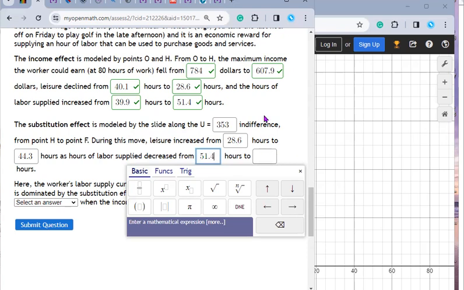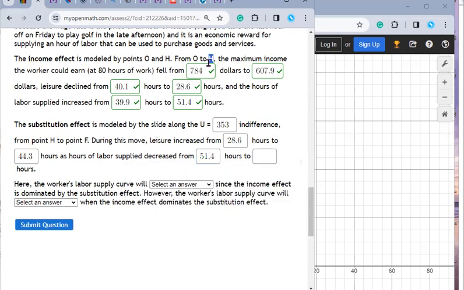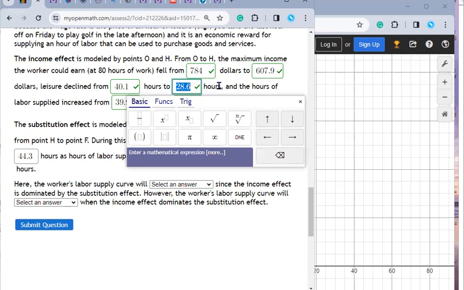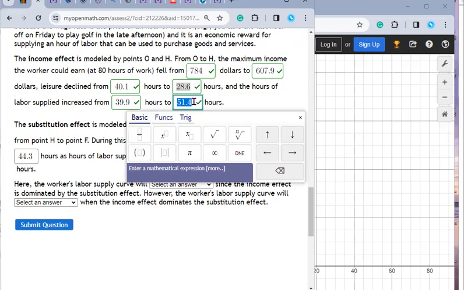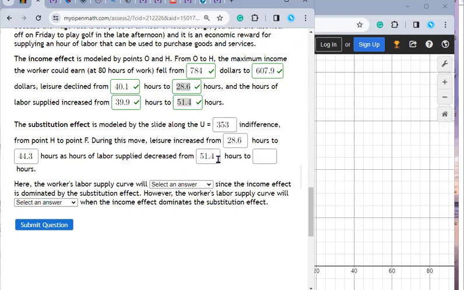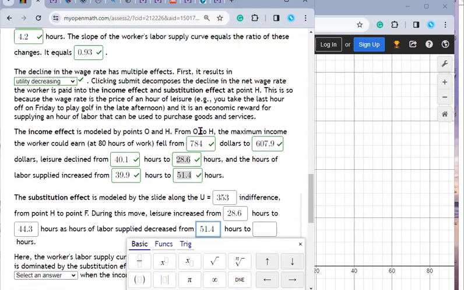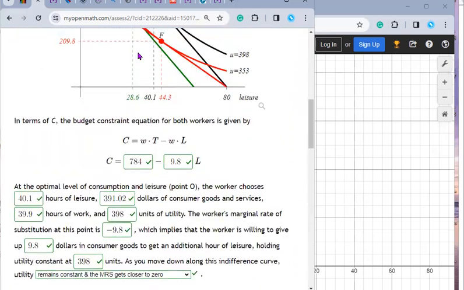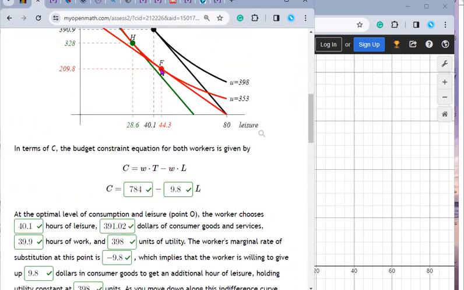Remember, at point H, this was the leisure hours that we would observe if we could observe this point. Again, H is hypothetical, it's in the worker's head. And so if we could observe the hours of leisure that they desired after the income effect takes place, then we would observe 51.4 hours of labor, right? So hours of labor goes from 51.4 to 44.3, subtracted from 80, right?